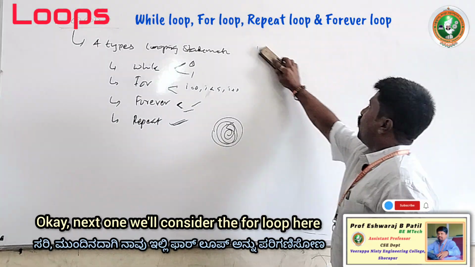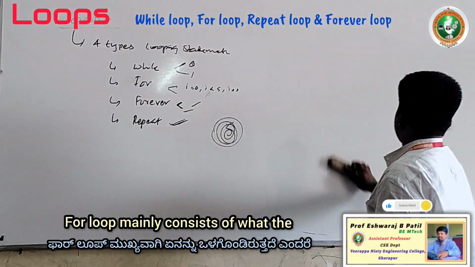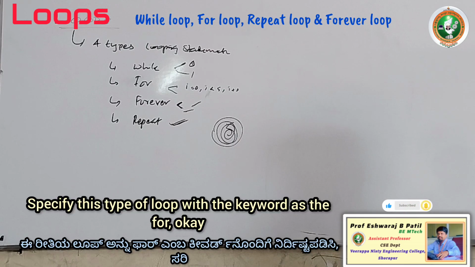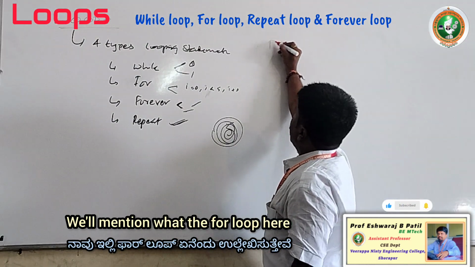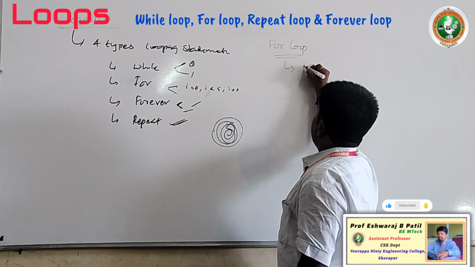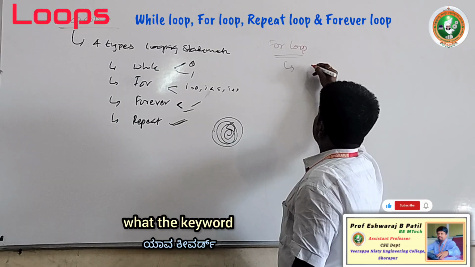Okay, next we'll consider the for loop. This type of loop is specified with the keyword for.